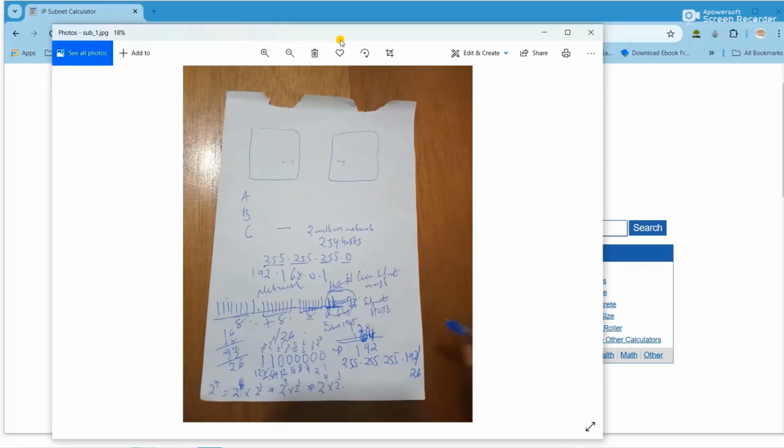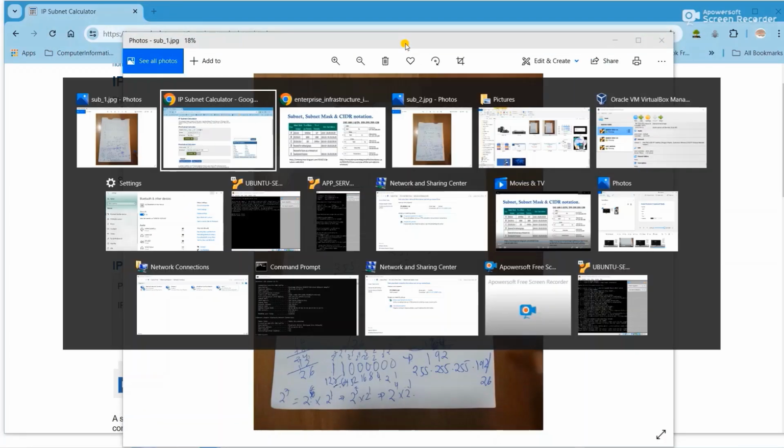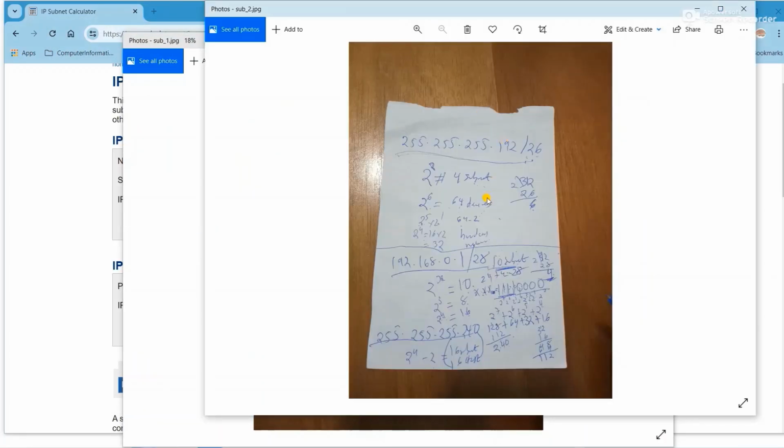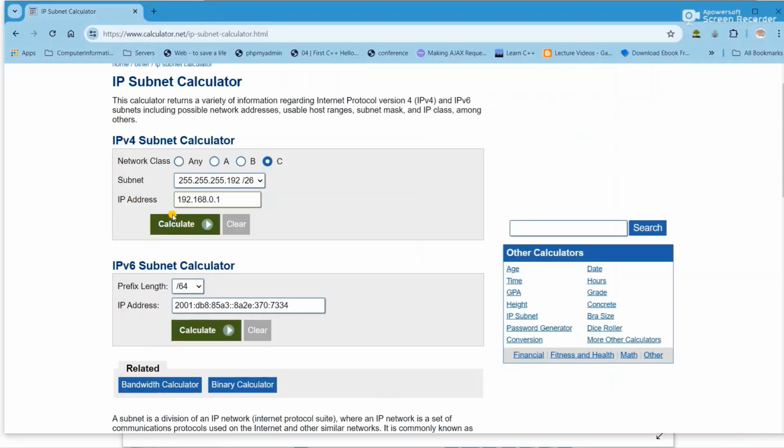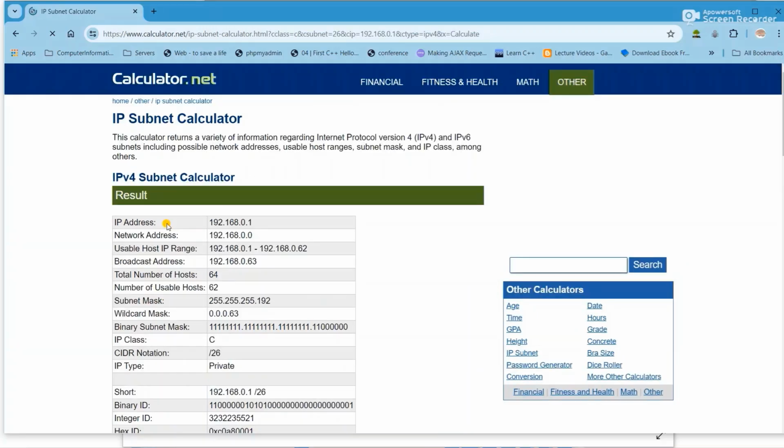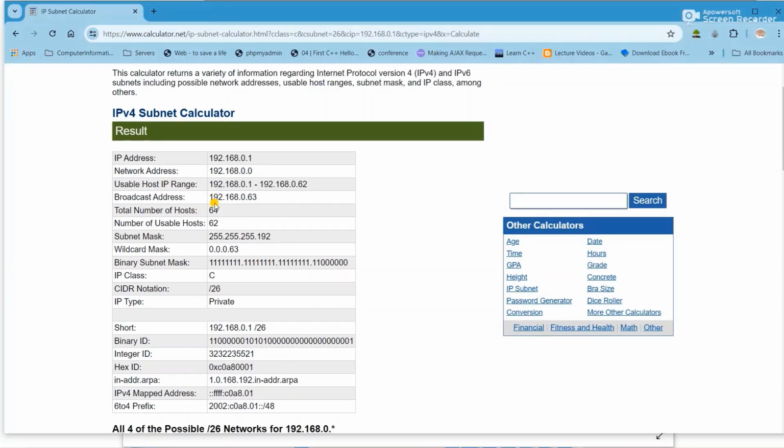Let's also look at the number of hosts that were created based on our calculations. Roughly, we said 2 to the power 2, so 4 subnets, and 64 devices. Let's compute this and see. The total number of hosts is 64, so it's good, and the usable is 62.